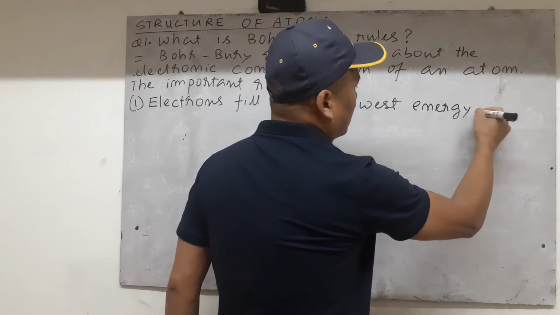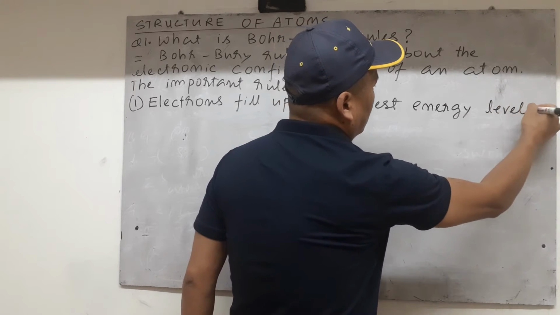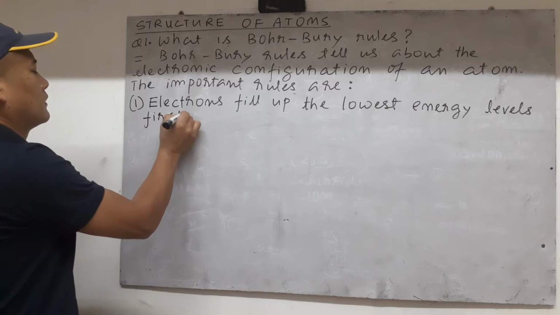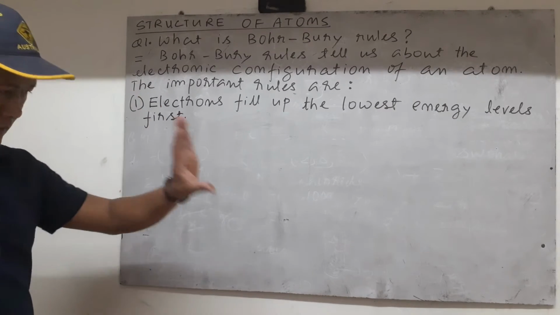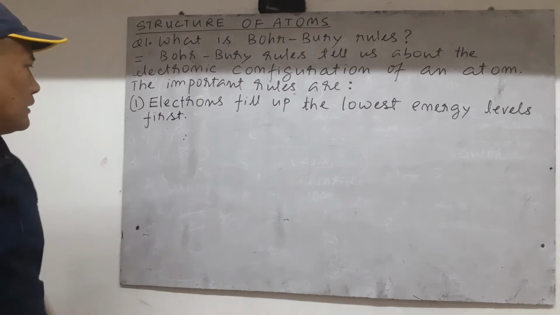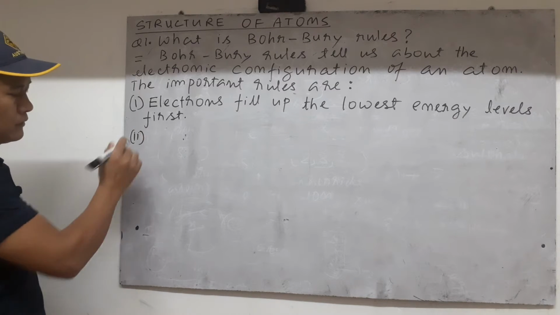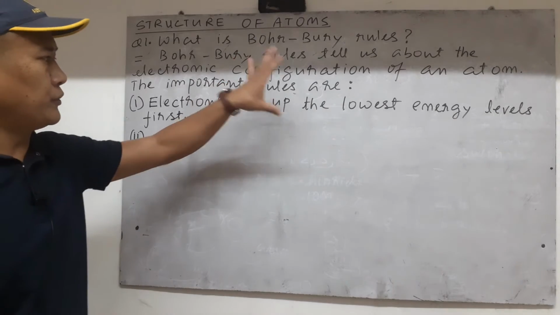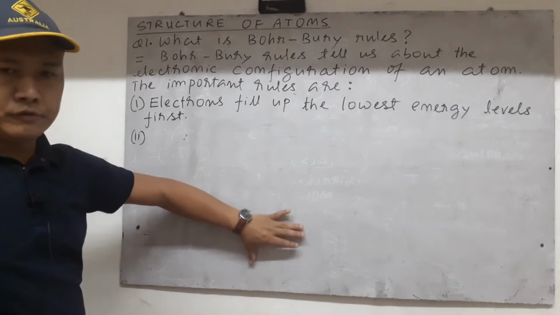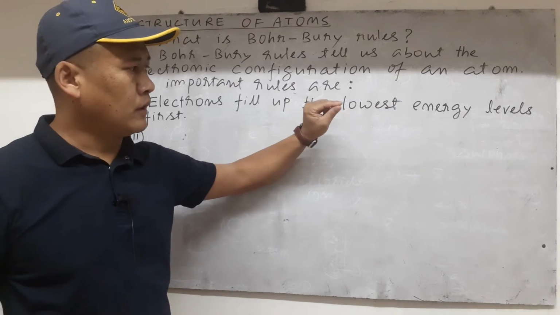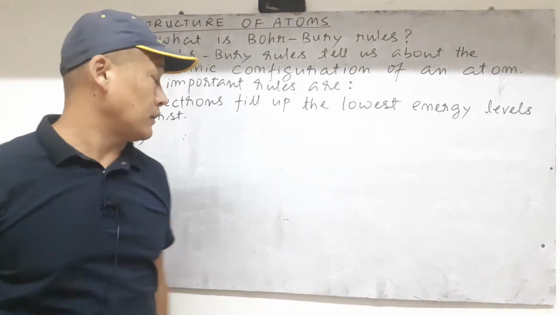To understand this, let us take examples in the next class and you'll just understand it. They are not difficult, but the best way to understand Bohr-Bury rules is to write down the rules and then understand the points by specific examples. Then it becomes easy to understand.